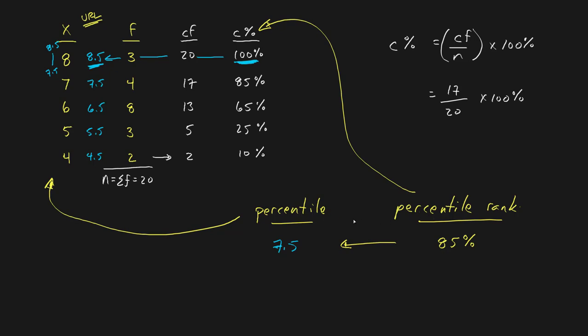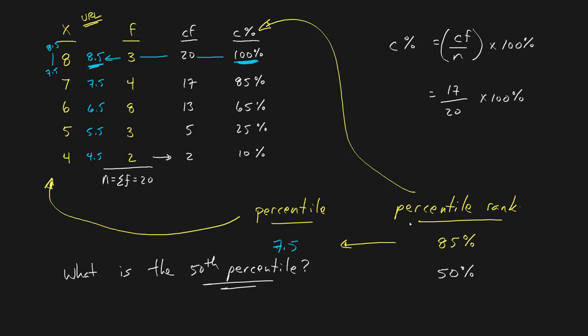It becomes tricky though when they ask you a question for something like this. If they say, what is the 50th percentile? Okay, if they're asking me for the 50th percentile, that's like asking me what goes with 50%.